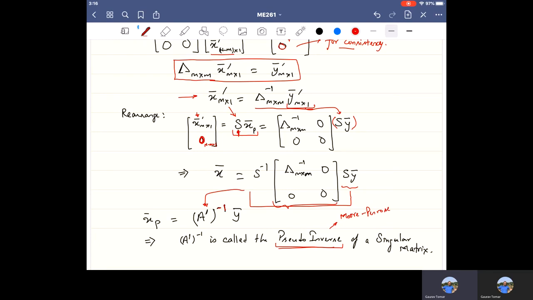It's called the Moore-Penrose inverse also, or pseudo inverse as it's generally called. This is the pseudo inverse of a singular matrix. You cannot invert a singular matrix, but you can always get an approximation, some sort of inverse. And that is just to obtain the particular solution.